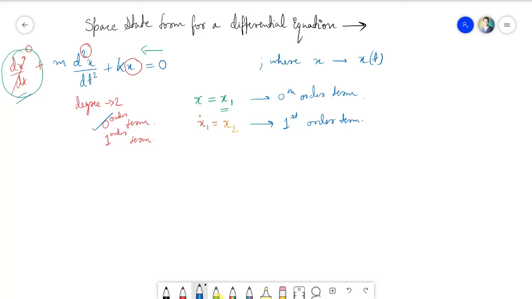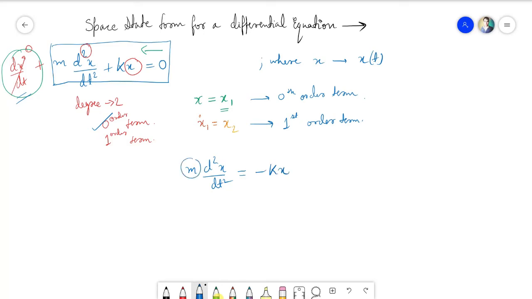Now we want to convert this equation into the state space form. So for that we will write the equation like this: m d square x by dt square equals to minus kx.